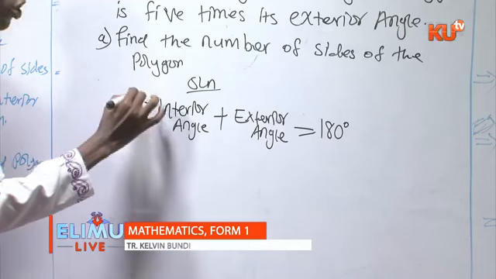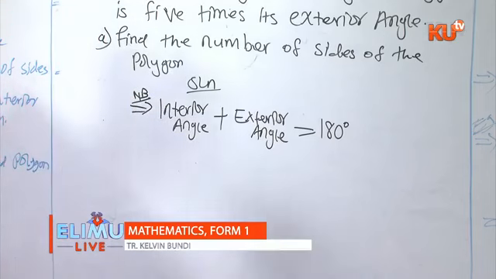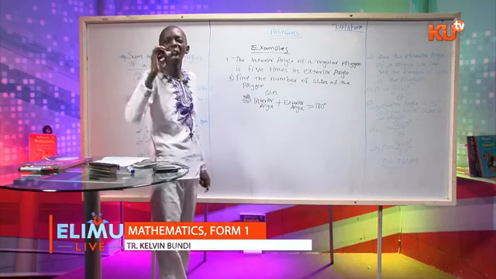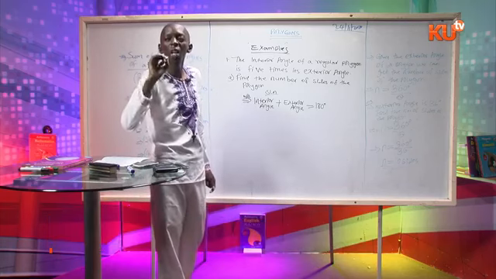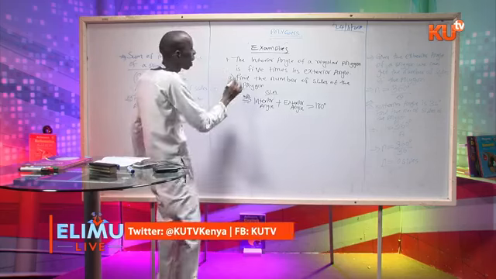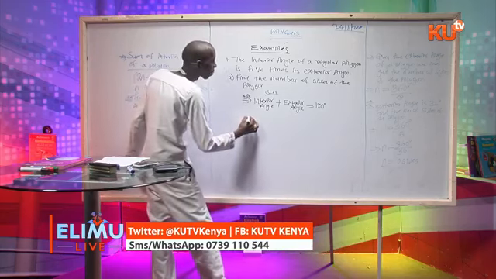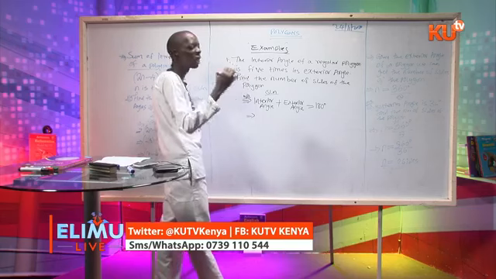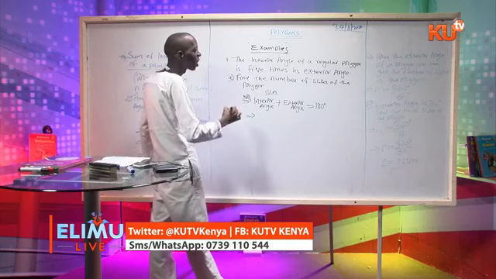So this is a formula that you should note well. The interior angle added to the exterior angle gives 180 degrees. And we are going to use this formula in this question, part A.